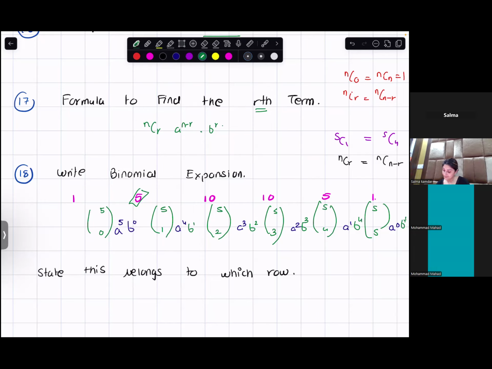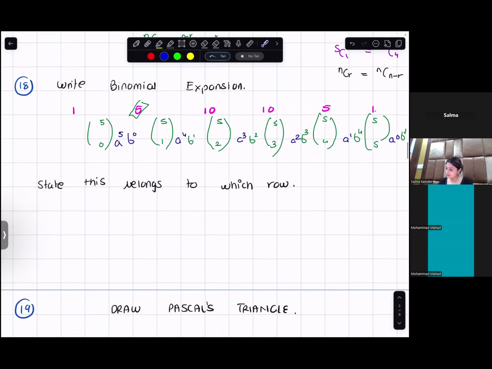Okay. You understood this? Yeah. State which row this expansion belongs to. The fifth row. This belongs to the fifth row.